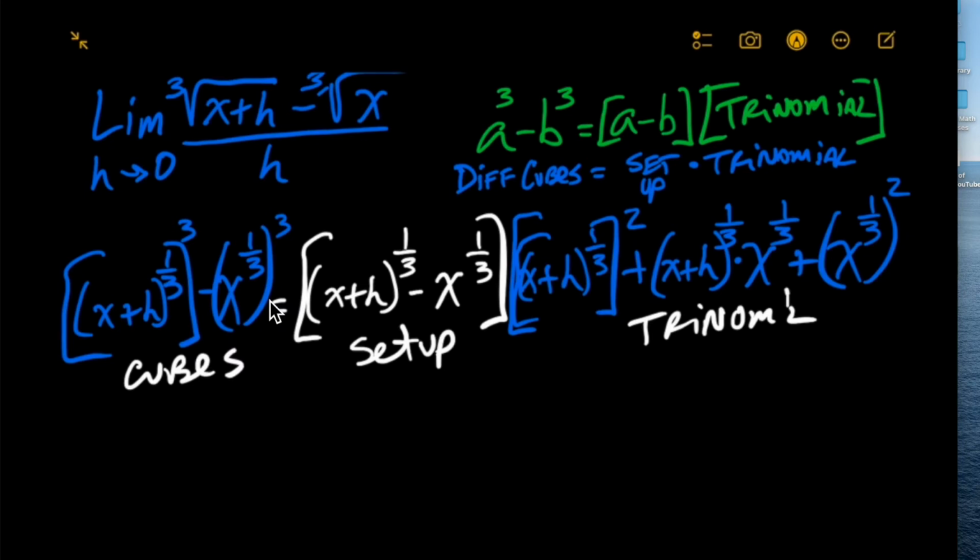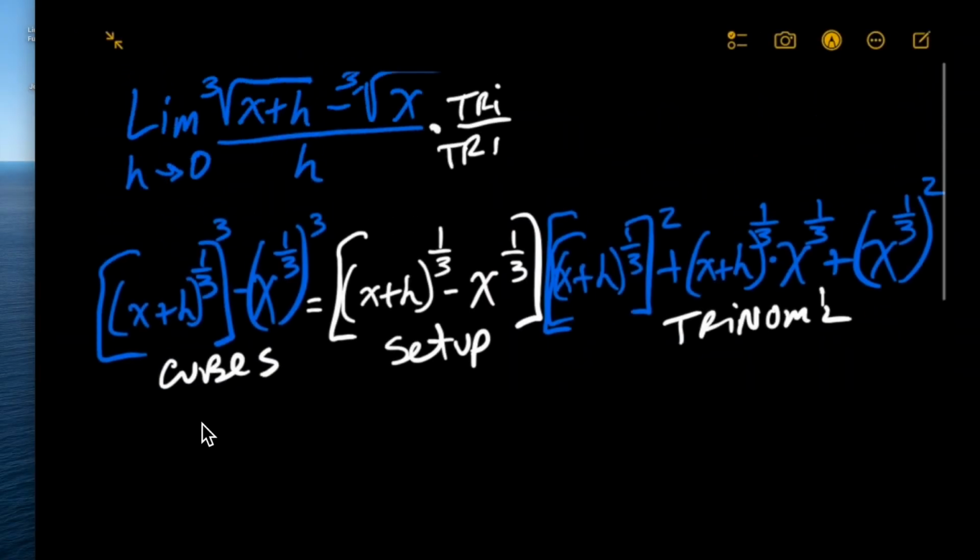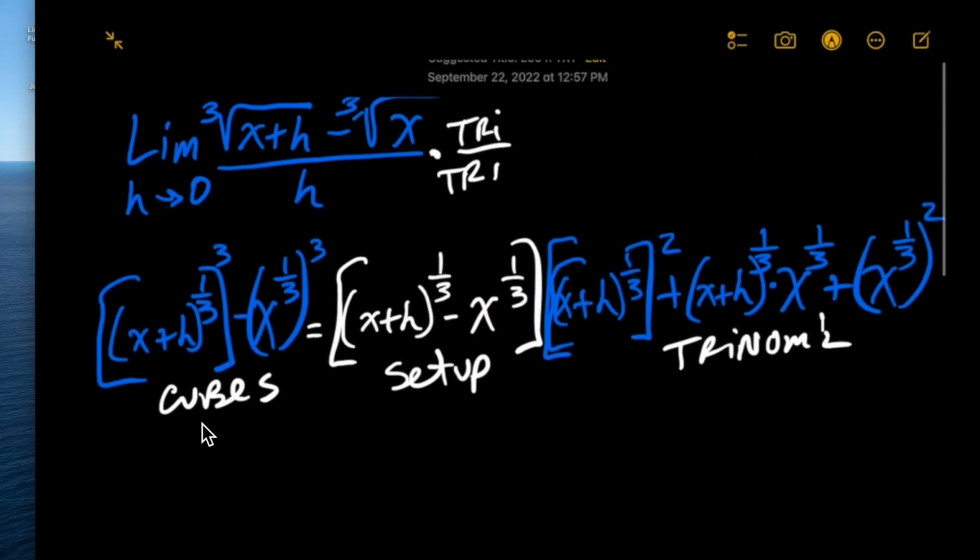Ladies and gentlemen, we are going to take this original limit right there, and we're going to multiply it top and bottom by the trinomial. That's our next move. So we're going to multiply by trinomial over trinomial. Okay, to review, this limit did not give us perfect cubes.